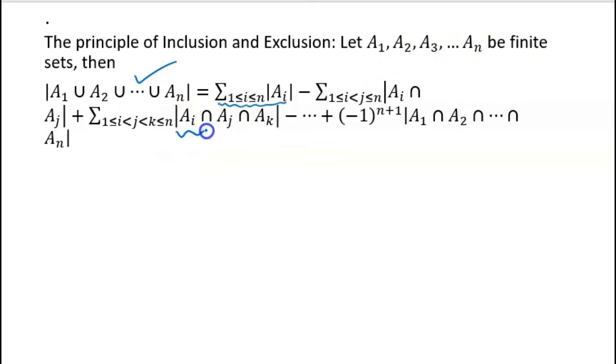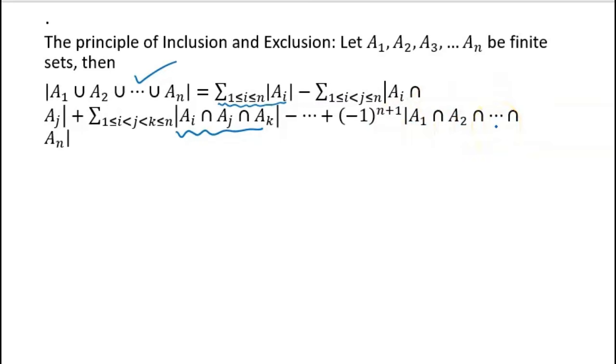Then we take three of them at a time, and here you see that the signs are changing alternately. So first I added all of them when taking one at a time, then I subtract two of them at a time, and then we add the intersection of three of them at a time, and so on. So in the end we take the intersection of all of them.